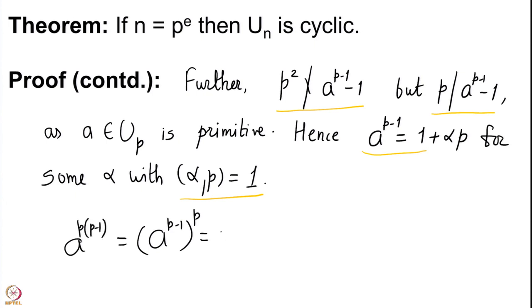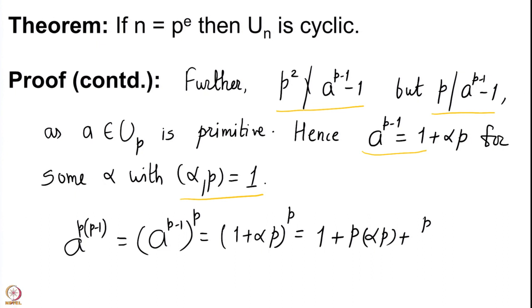This gives us, using the binomial expansion for 1 plus alpha p to the power p, 1 power p, which is just 1, plus p times 1 power p minus 1 and alpha p, plus p square, and the binomial coefficient, which is p.